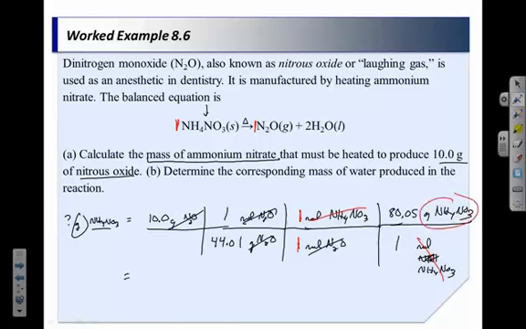So then I just plug into my calculator 10 divided by 44.01 times 80.05, and I get 182 grams. Nope, 18.2 grams.